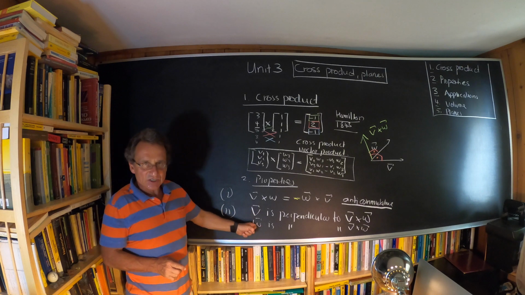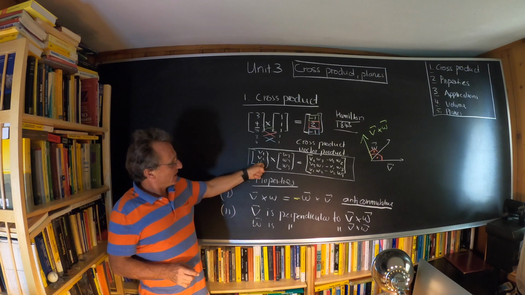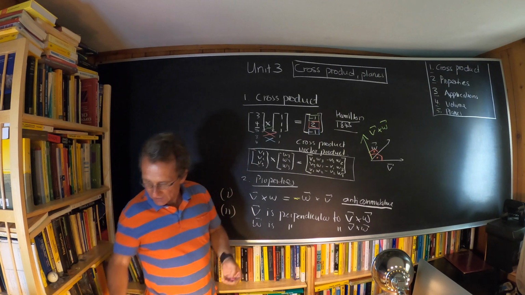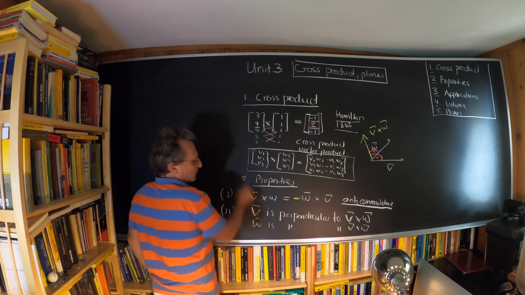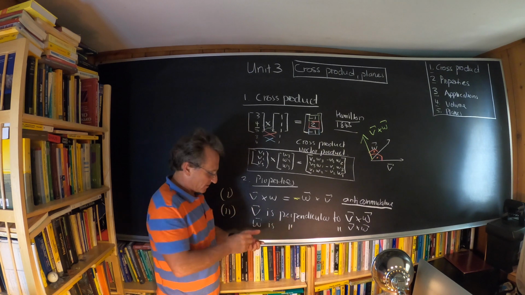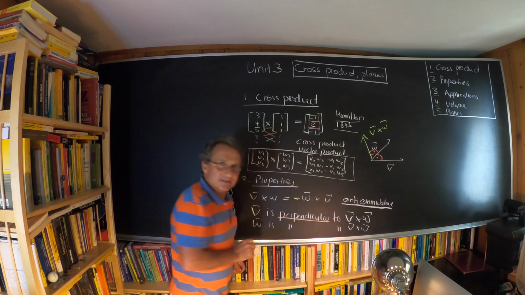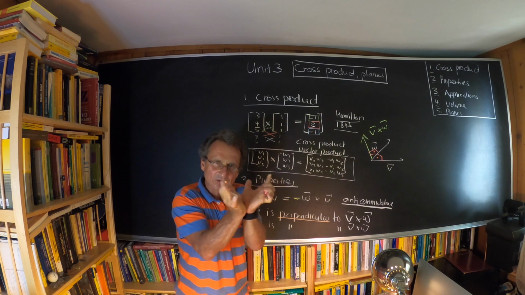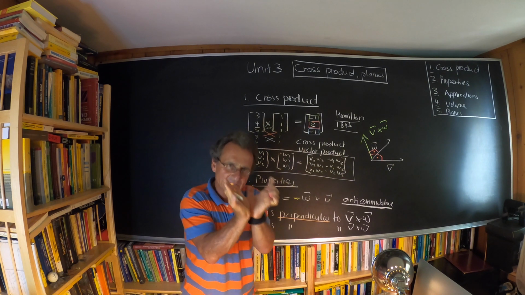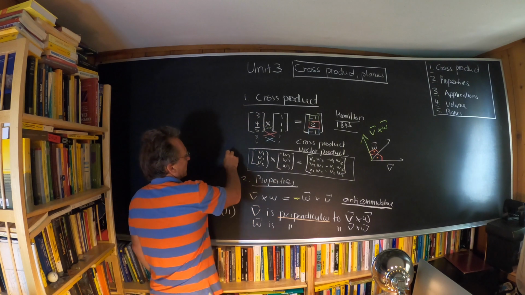But actually, I can just do that on the same blackboard here. If you look at this here and multiply this, how do we see that something is perpendicular? Perpendicular means, you should recall that from last time, the dot product is equal to 0. And that's really what we do here.